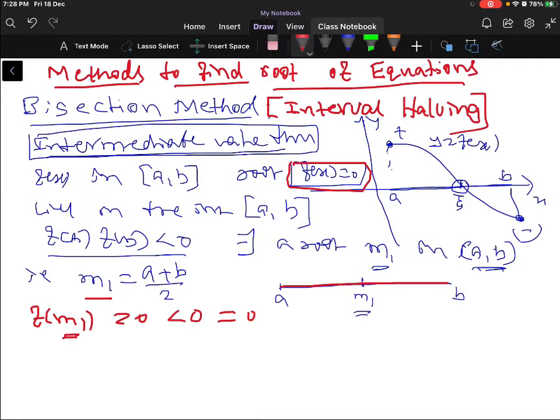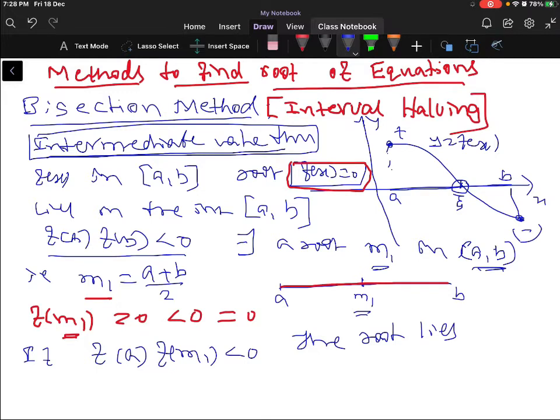Suppose f of m1 is either positive or negative, it doesn't matter. If f of a into f of m1 is negative, the root lies between the interval a comma m1.